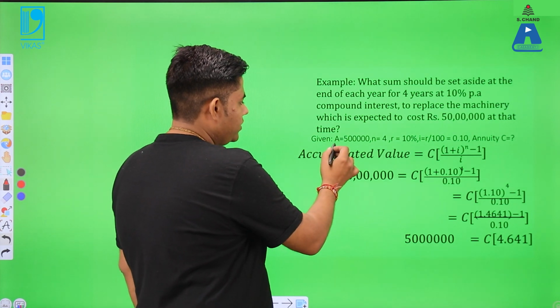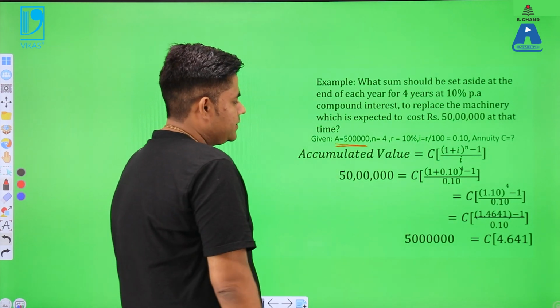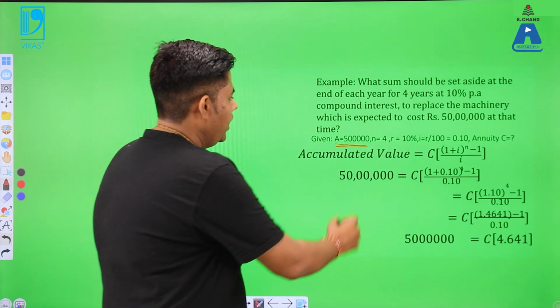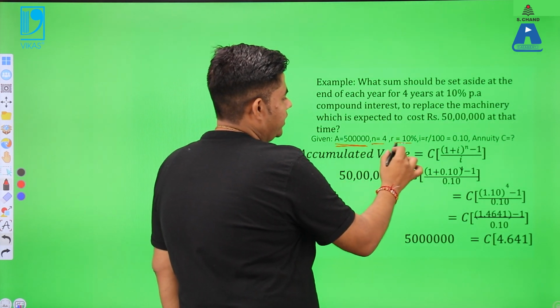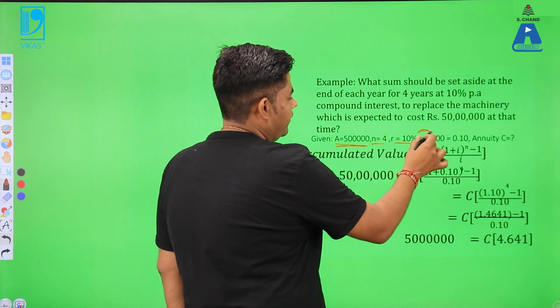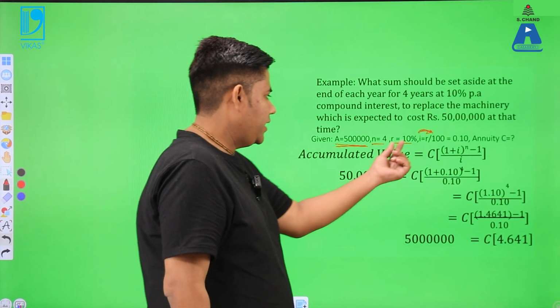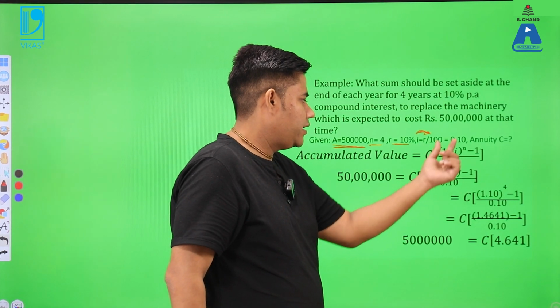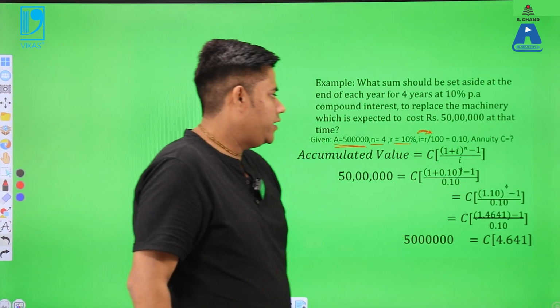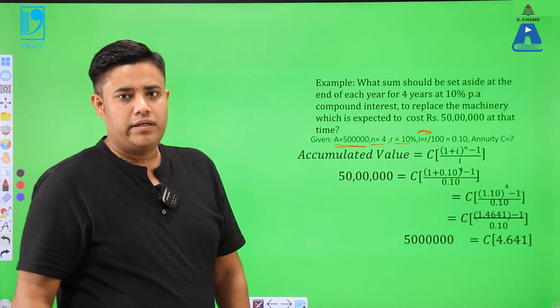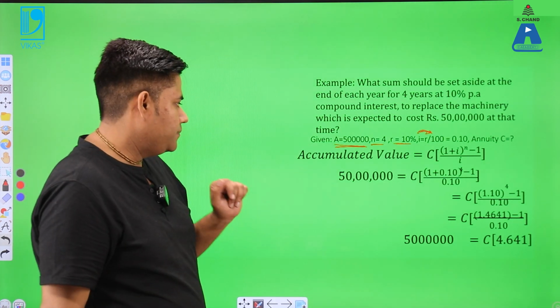We can use this accumulated value as given in the question, and the number of years and the rate are also mentioned, and we have to find out i, which is rate over 100. So the rate is 10%, so 10 divided by 100 is that much value, and I need to find out the annuity that I need to pay to the bank yearly.